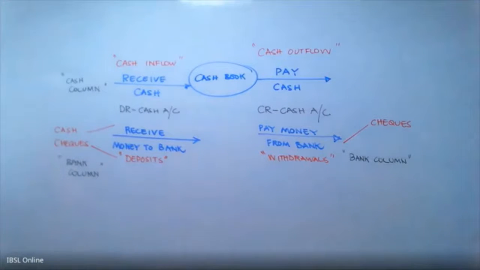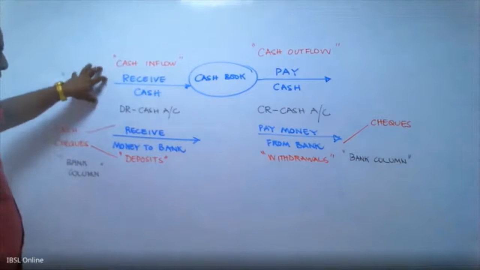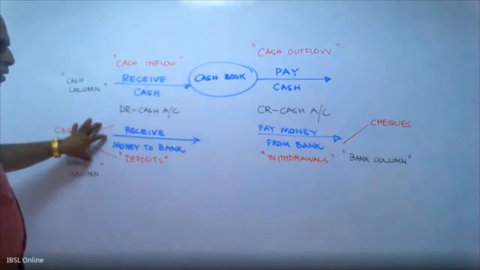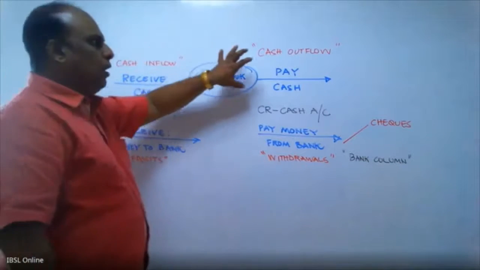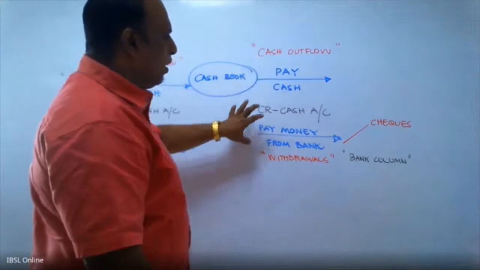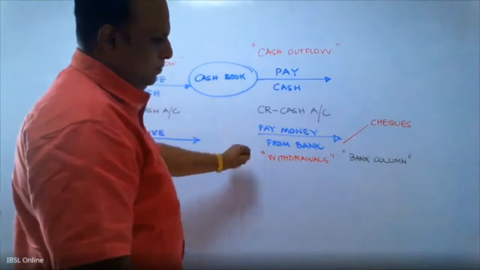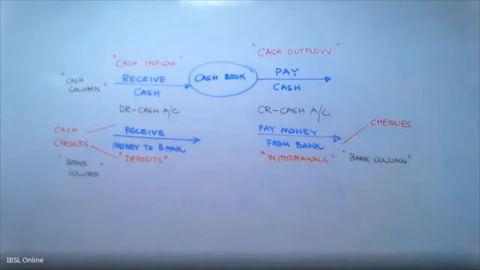One column to reflect the cash receipts and one column to record the receipts to the bank account. One column to record the payments through cash. One column to record the payments through checks, or from your bank account.